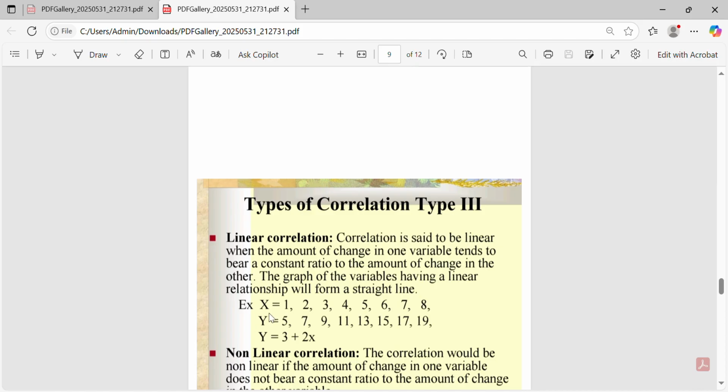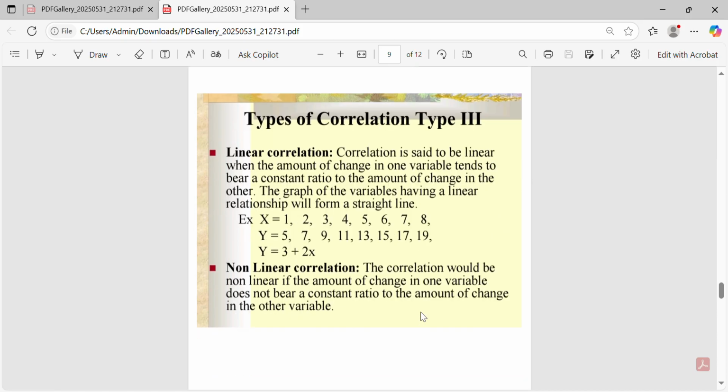In this example, x is given the values 1, 2, 3, 4, 5, 6, 7, 8, and y is given 5, 7, 9, 11, 13, 15, 17, 19, where y is equal to 3 plus 2x.